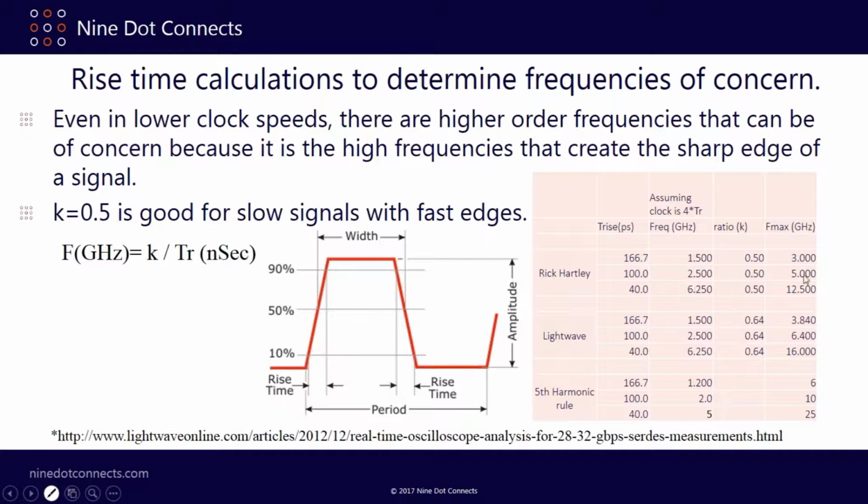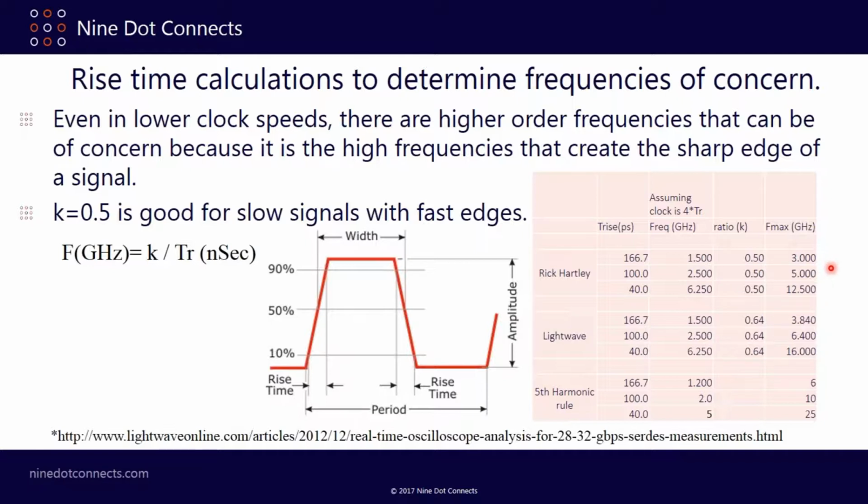Then notice over here, if we take the 100 picosecond and we divide that into 0.5, you end up with a high frequency of 5 gigahertz. Let me turn my pointer on, make it a little bit easier to see. So you'll see 5 gigahertz is the highest frequency that you would be concerned with. And it doesn't matter what the actual clock rate is that you're looking at. It's strictly based upon the rise time.